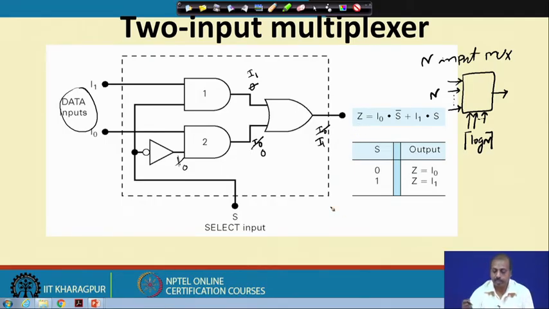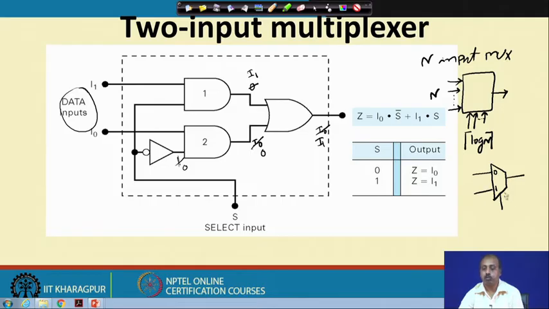These multiplexers are often represented by this type of notation. There are several notations for a multiplexer, and this is the most common one. We have these data inputs and this is the select input. A 0 is written here and a 1 is written here, meaning that if the select input is 0, this input will be selected to go to the output, and if the select input is 1, this input will be selected.